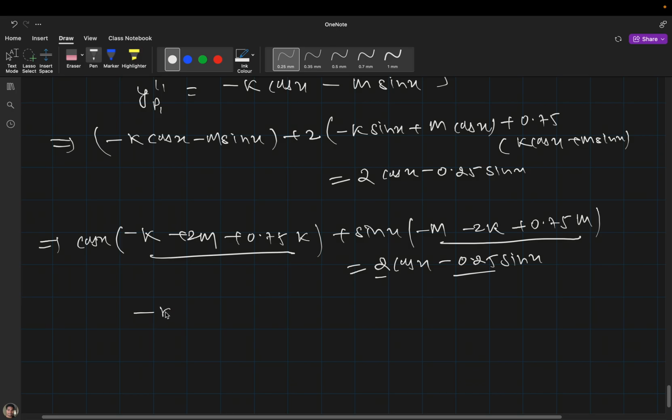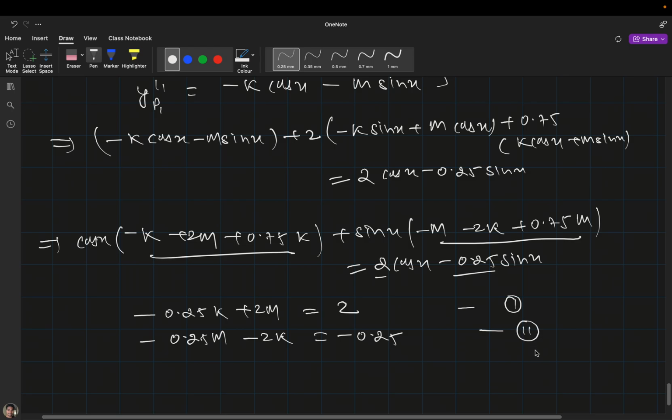So after comparing, if you simplify this, you can write minus 0.25k plus 2m equal to 2. This is the equation number 1, and the second equation will be minus 0.25m minus 2k equal to minus 0.25.